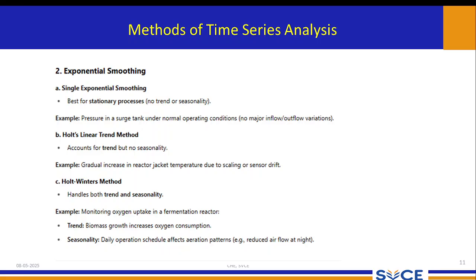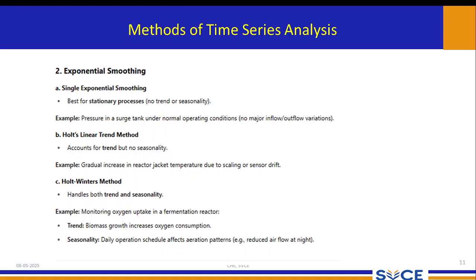So the predicted value, that means the target value, is equal to trend plus seasonality plus cyclic plus error. But smoothing means average, additive or multiplicative.